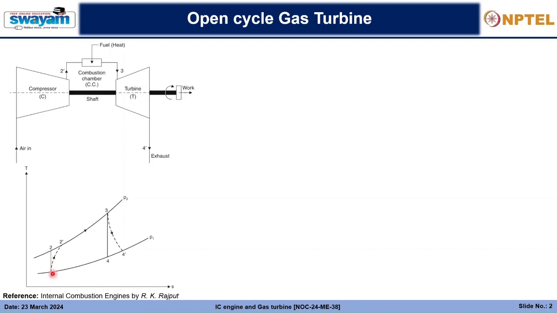When the process is isentropic, this is the shortest path it needs to traverse between the two pressures P1 and P2. Hence, T2 minus T1 is less than T2 dash minus T1, which the process has to follow because it is not reversible adiabatic. There is a heat loss, and to compensate for that heat loss, more work is needed in the compressor.